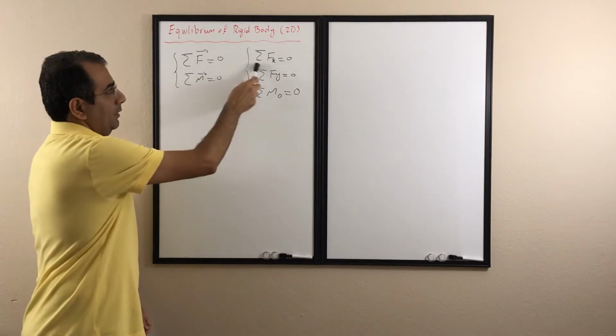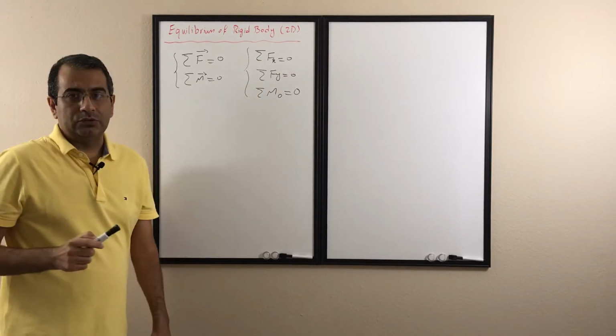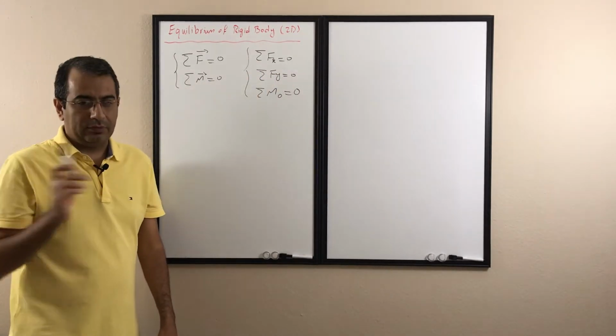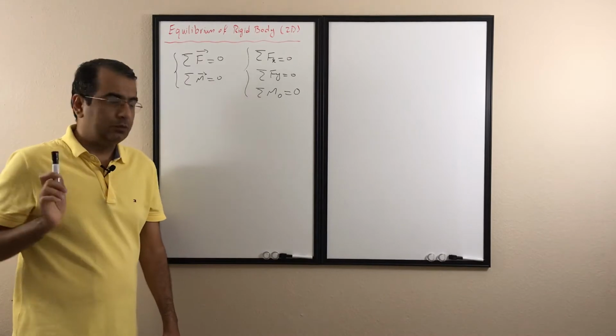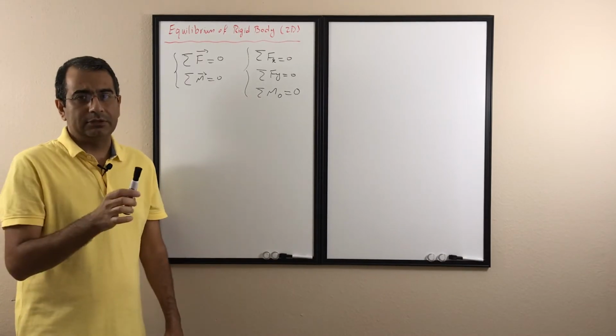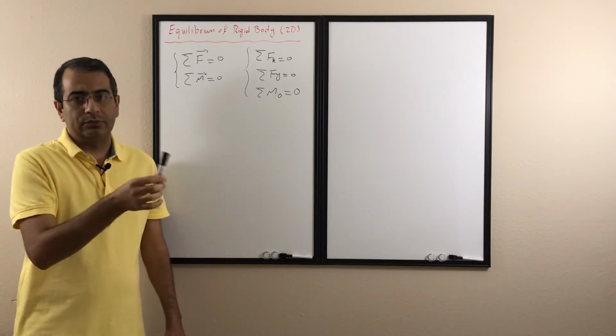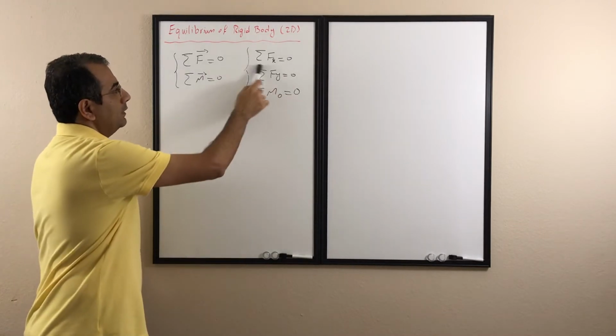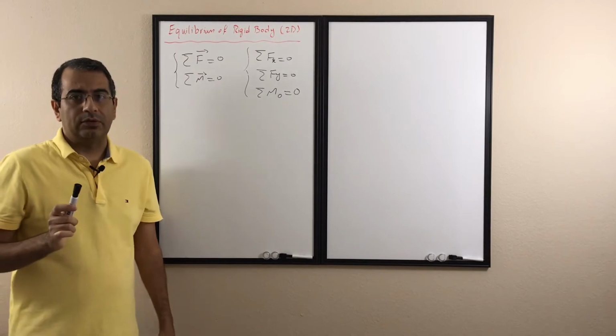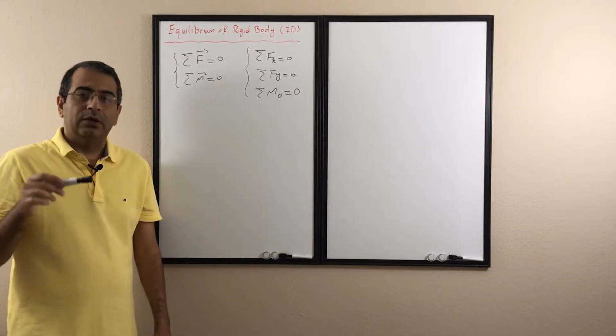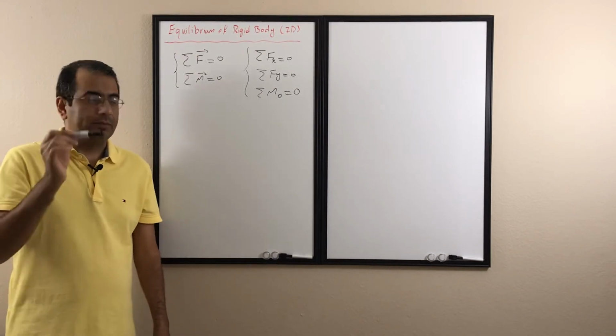We said that all the forces along the x direction should cancel each other, so we know that our rigid body doesn't move in the x direction. If x is horizontal, it doesn't go left or right. All the forces in the y direction should be cancelled out and should be zero. In other words, our object doesn't move up and down.